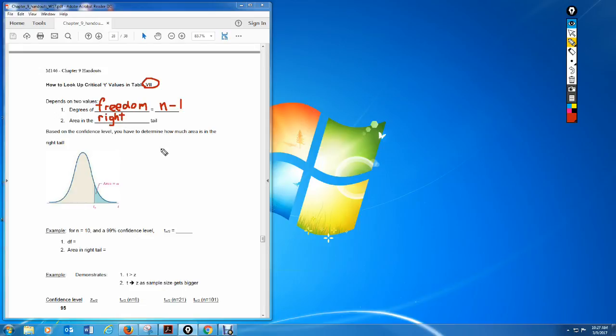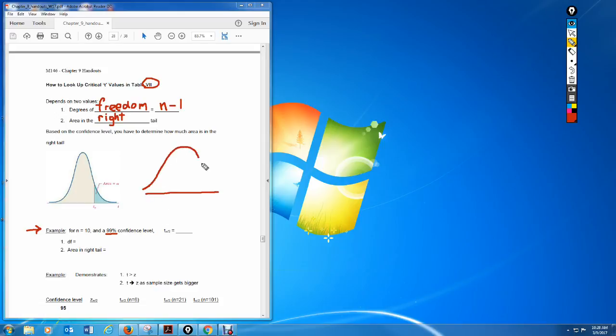Based on the confidence level, you have to determine how much area is in the right tail. For example, and let me go ahead and draw a picture, if we had a sample size of 10 and a 99% confidence level.